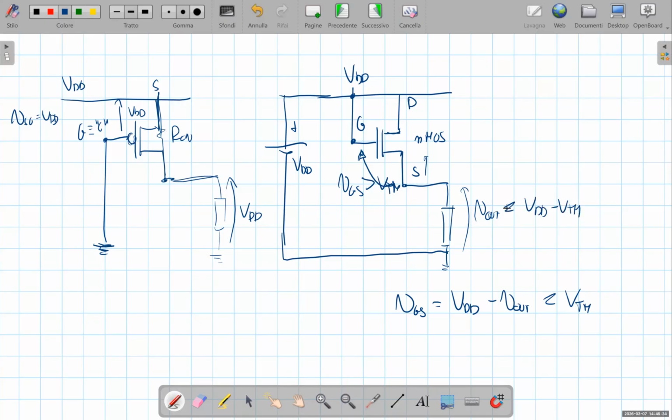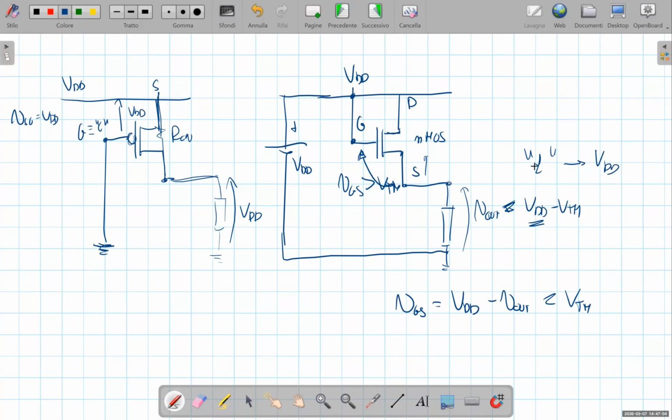So using an NMOS switch in the pull-up network means that the output voltage cannot go high to VDD, which is what we need for a full high logic level 1, but corresponds to a degraded output voltage level, that is VDD minus VTH.